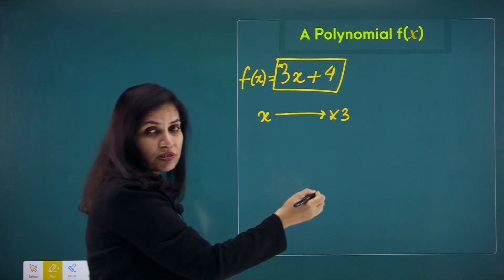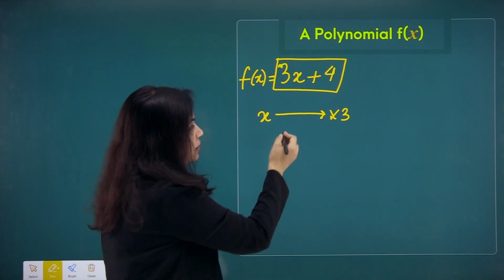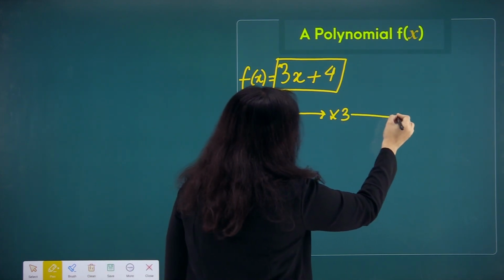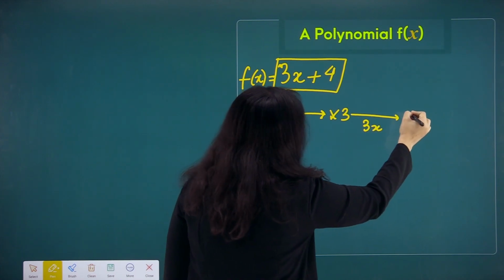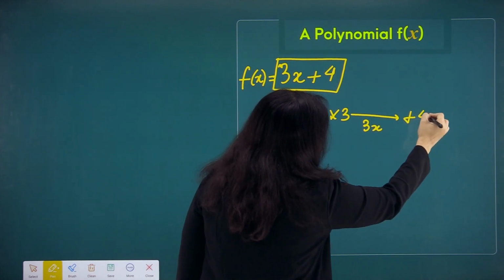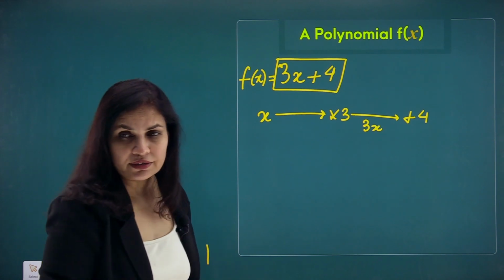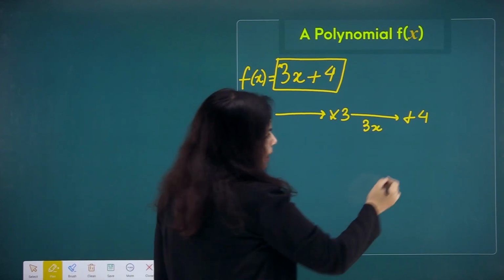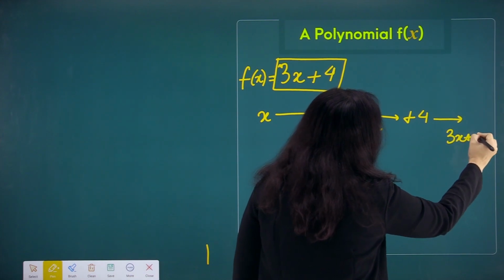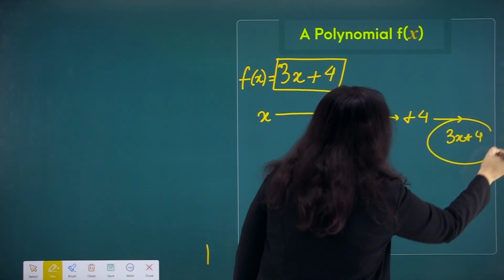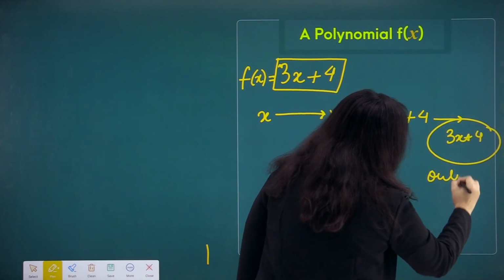This is the process. How is the machine functioning? After multiplying it with 3, I get 3x. Now, to this 3x, 4 is added. After 4 is added, we finally get the final output 3x plus 4.